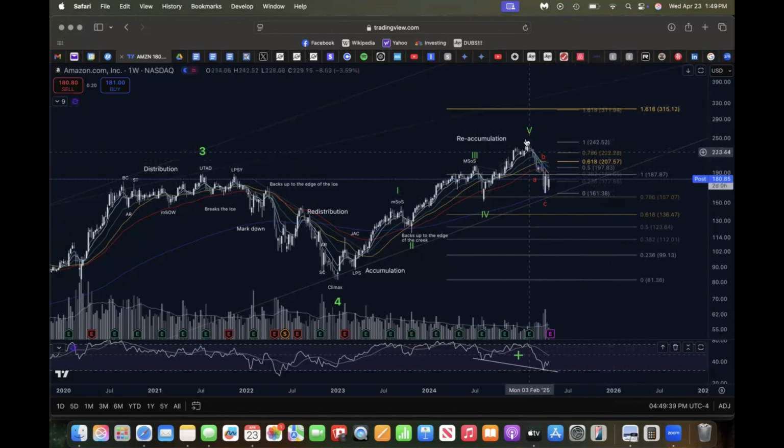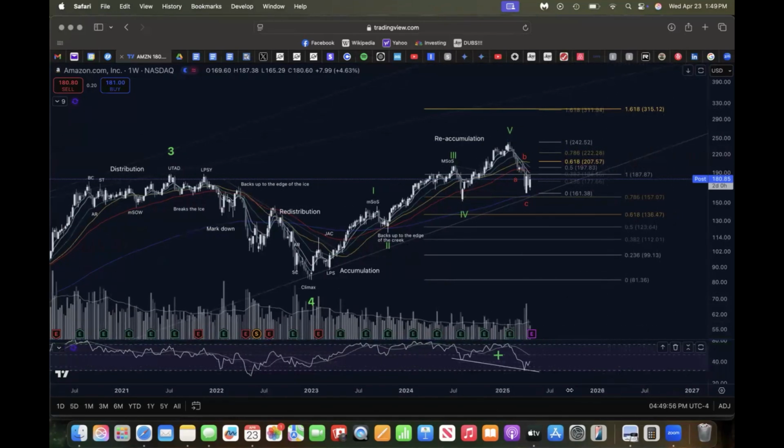Just because of these sharp pullbacks, we may be due for a flat profit-taking process playing out at this fib cluster right here.